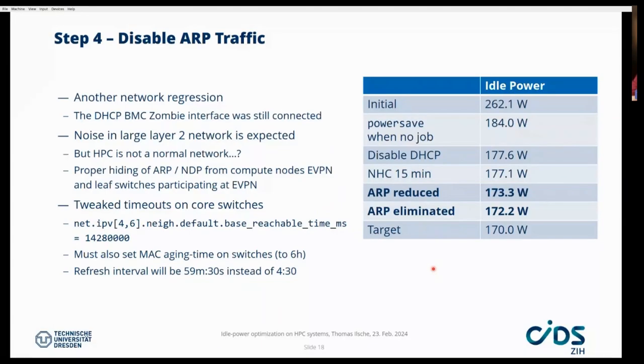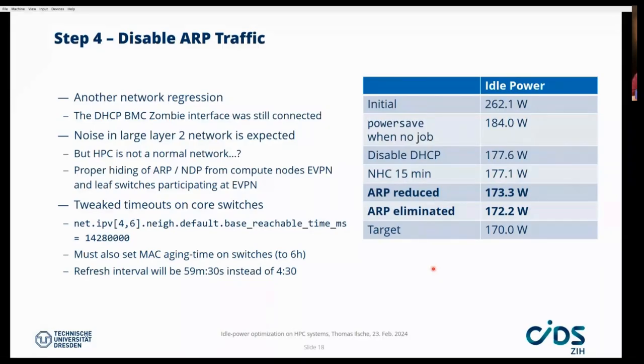They are fairly static. The devices change only in well-defined processes. It's not like a server farm where you have a new server every now and then. And in this case, I think we can argue that in HPC networks, this should not be as much noise.